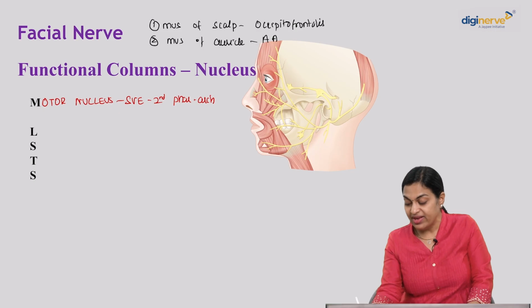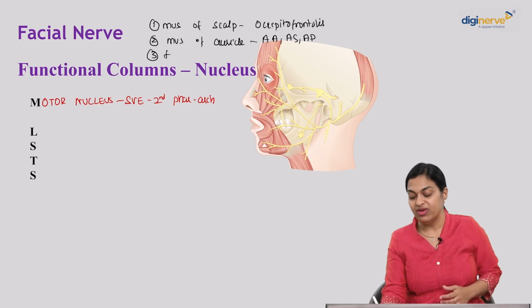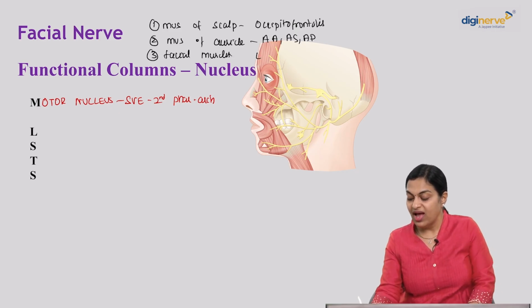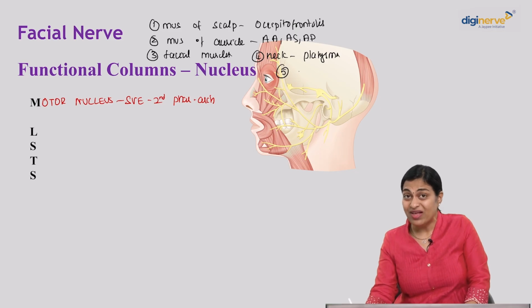Auricularis anterior, auricularis superior, auricularis posterior. It innervates the facial muscles, the subcutaneous muscles of the face, right? And then the subcutaneous muscle of the neck, platysma. Fifth one, the muscle within the ear. Yes, come on, tell me. Stapedius.